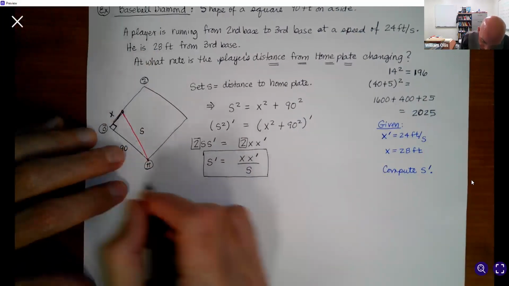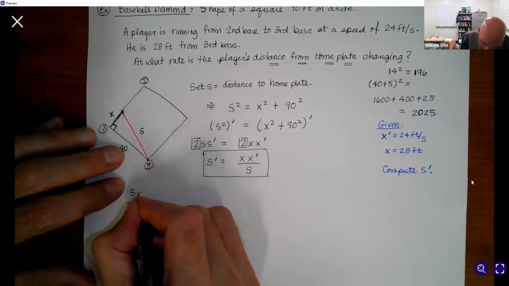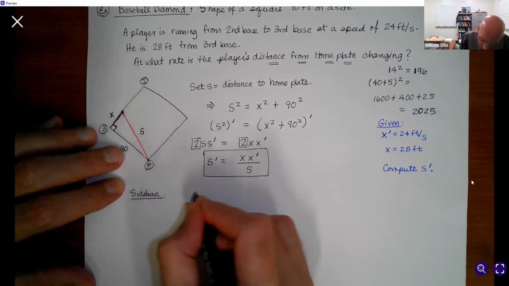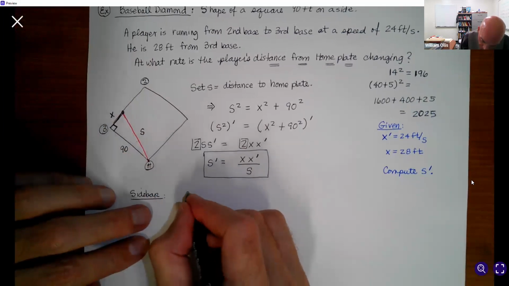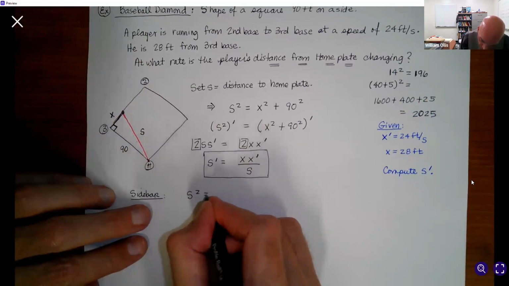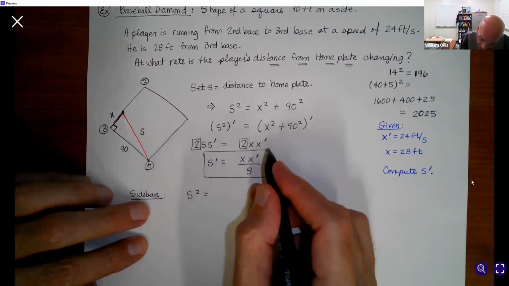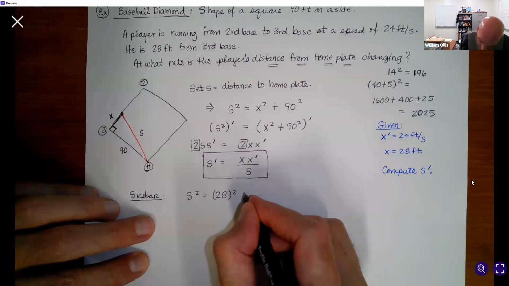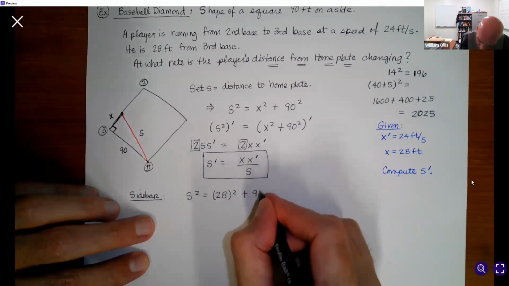So now here's our sidebar. So we have, in this case, S squared equals, in this case, X is 28. So we have 28 squared plus 90 squared.